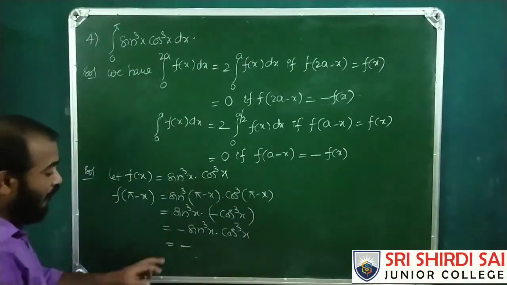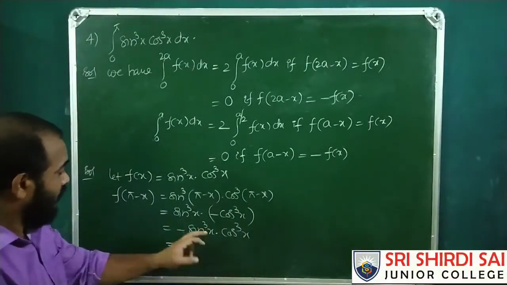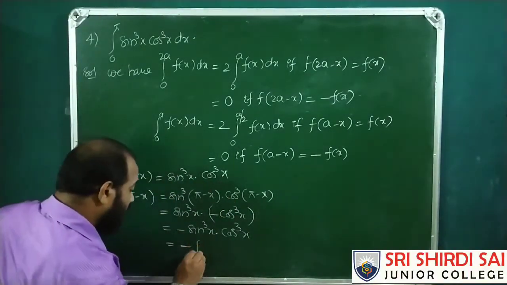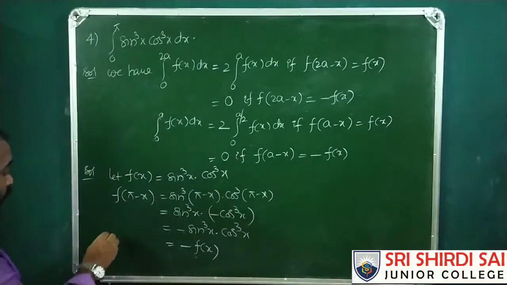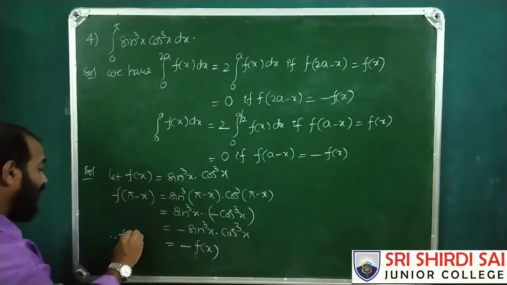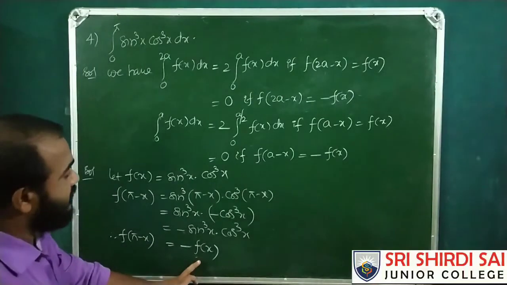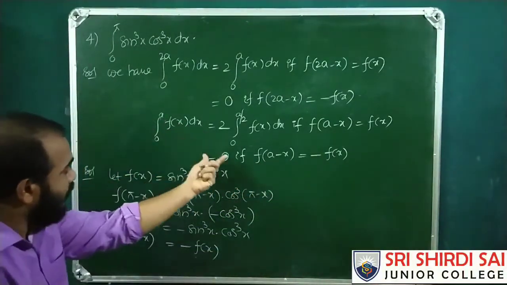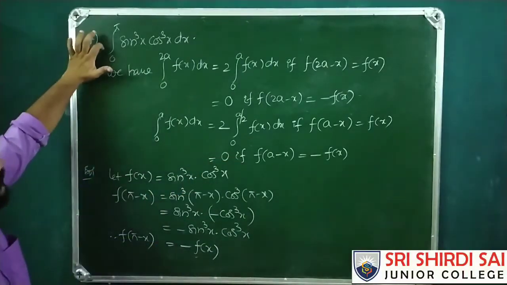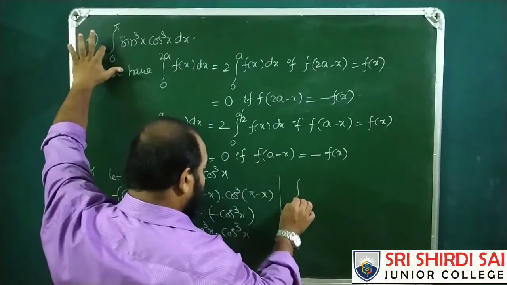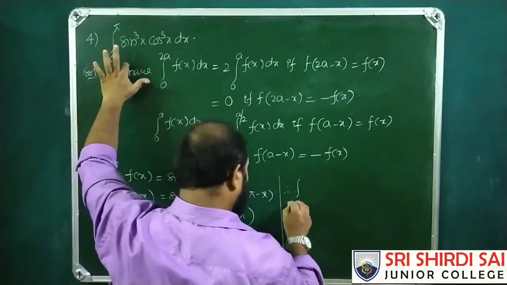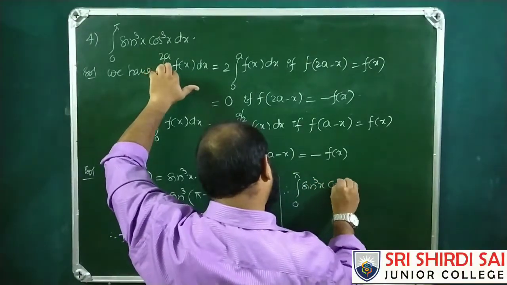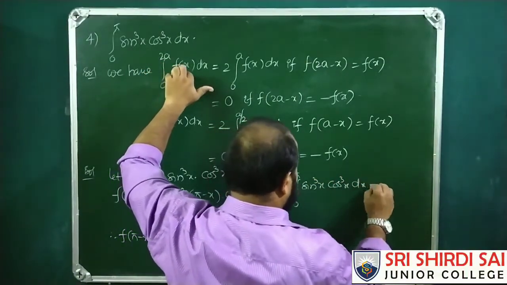The same value we got, the same sin cube x into cos cube x, with a minus sign. Since f of pi minus x is minus f of x, that means f of a minus x is minus f of x, then this value is 0. Therefore the integral from 0 to pi of sin cube x into cos cube x dx is equal to 0.